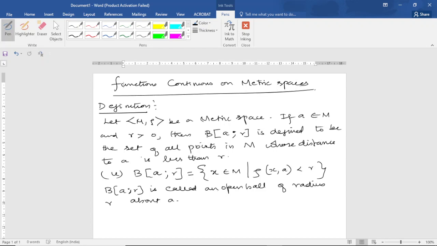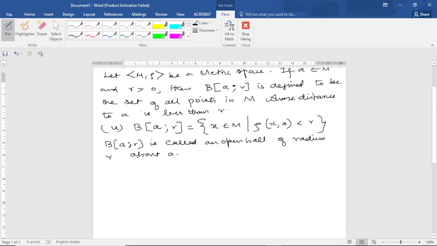So this is the main definition of an open ball in a general metric space, where the distance between any two elements is given by rho(x, A).